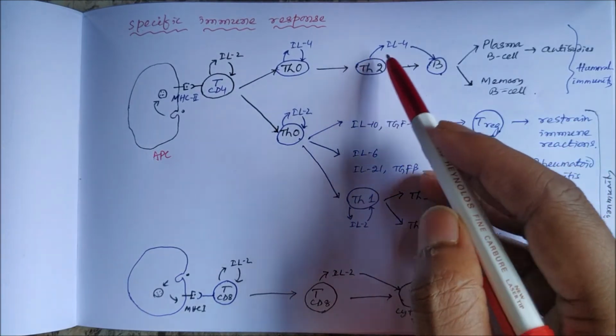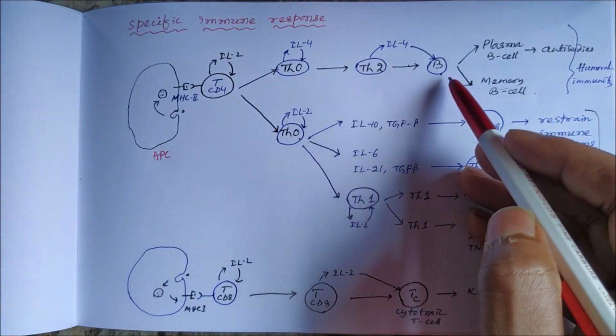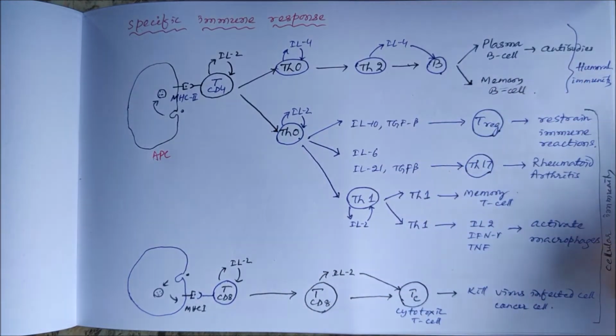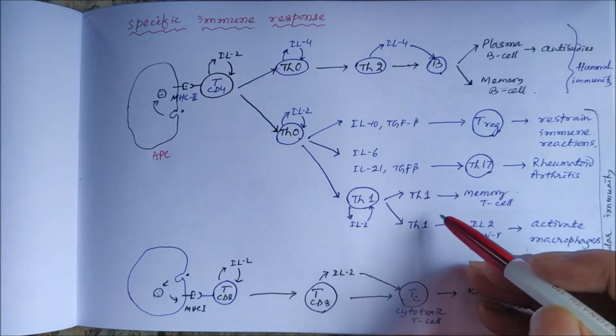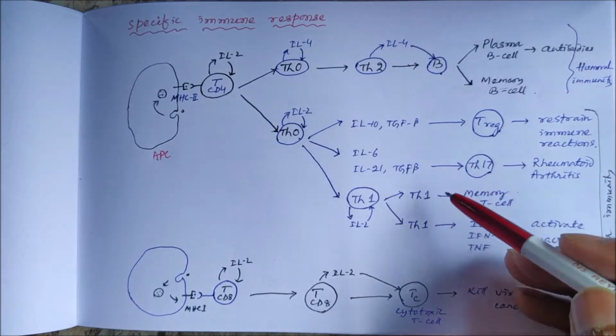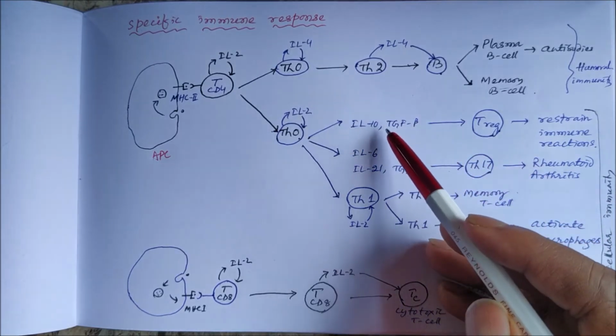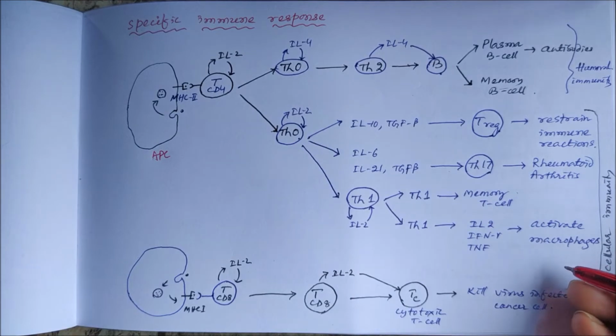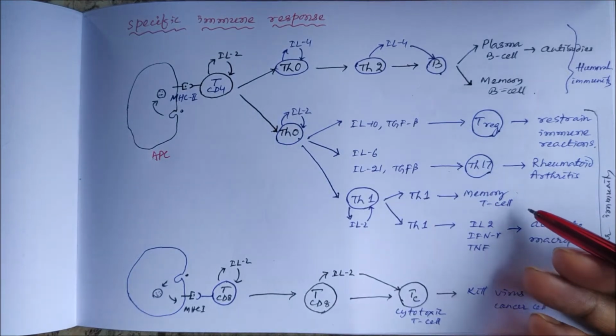T helper 2 cells then differentiate into B lymphocytes, which provide us the humoral immunity through antibodies. And the T helper 1 cells, T helper 17 cells, T regulatory cells, all of them release the interleukins, the cytokines, and have different actions.